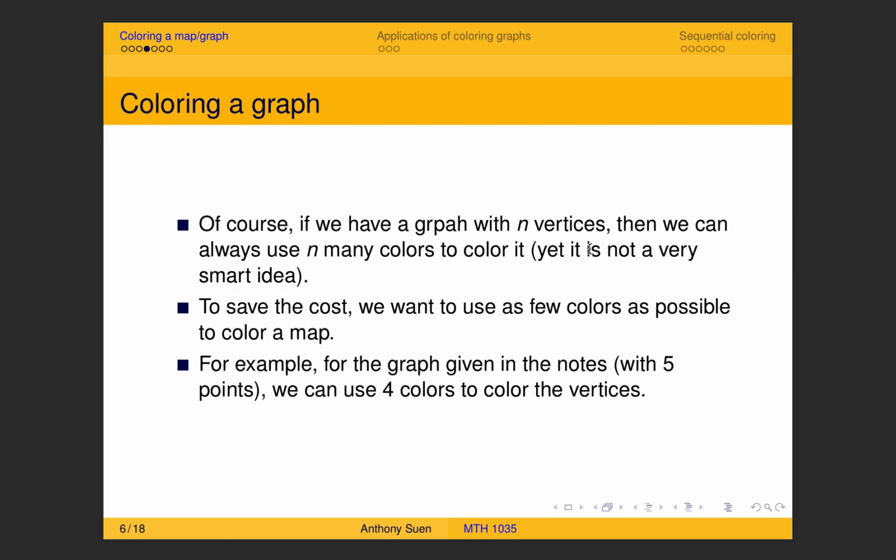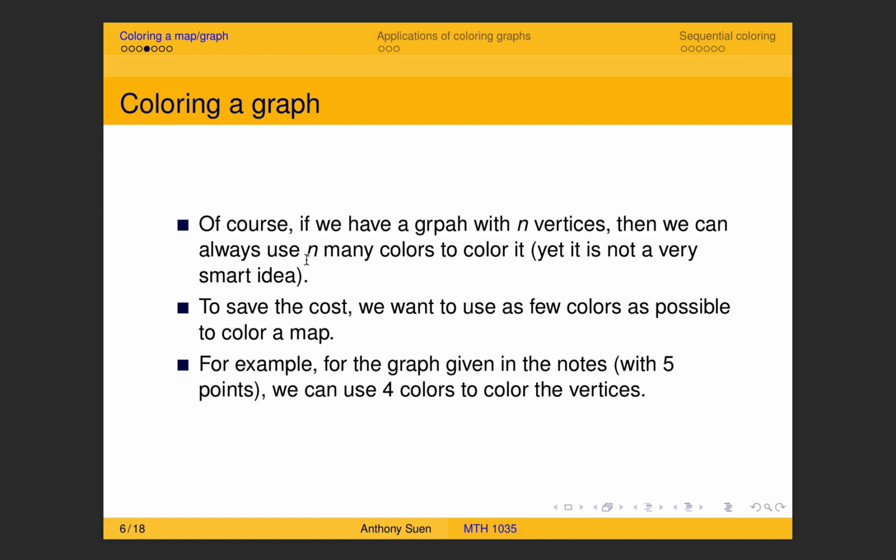But of course, it's not very smart, because you just spend so many different colors. For example, what about if you have 1,000 vertices, then how can you get 1,000 colors? And in fact, as we have seen in the previous example, even for the map of the United States, we don't really need that many colors.